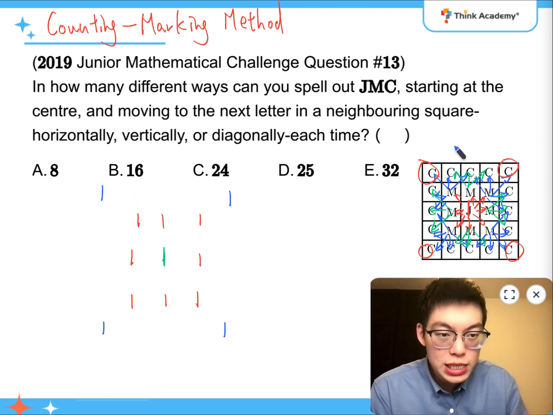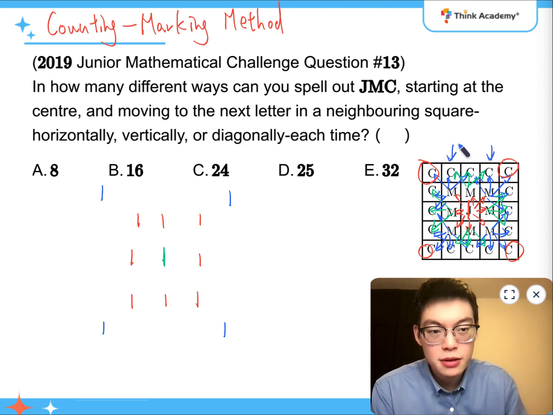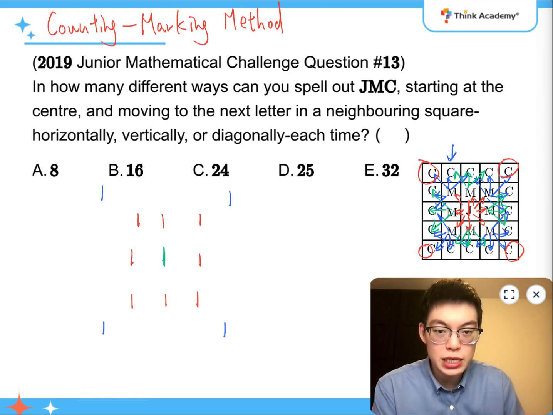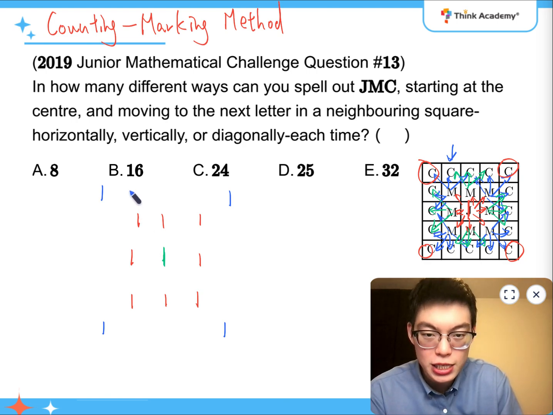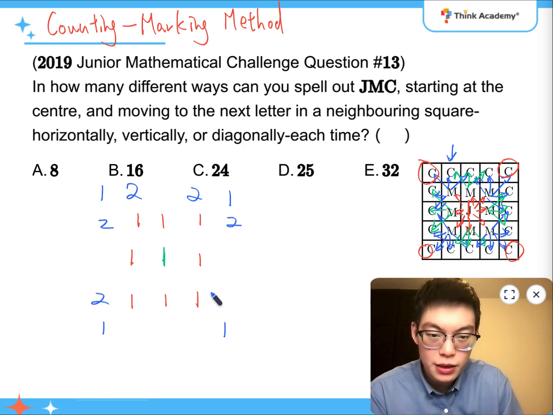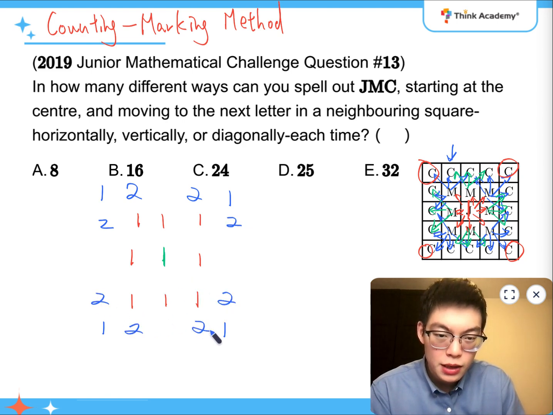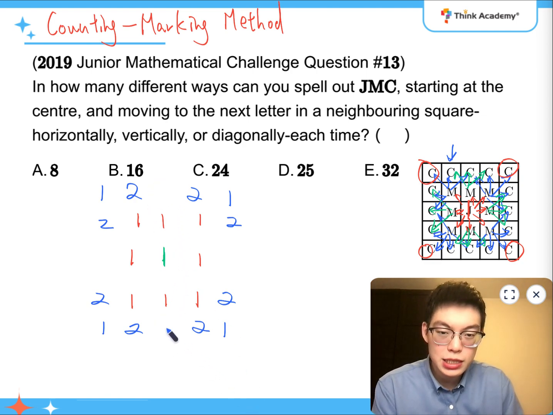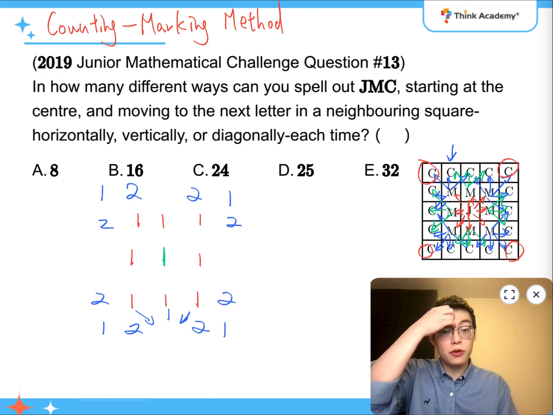And then for the side C's, let's say the side, you can either come from this box or this box, right? So there will be 2 ways for each of these side C's. So that's how we can deduce them. And for the center side C's, you can see that there will be 3 M's that can reach each of them, right?